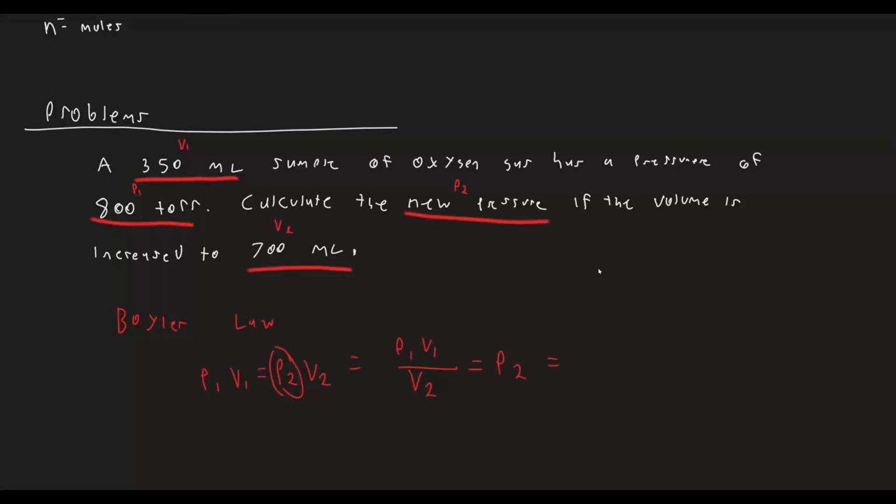And then we just need to plug in. So P1 is 800 torr. We have a V1 of 350 milliliters. We're going to divide that by 700 milliliters for our V2.